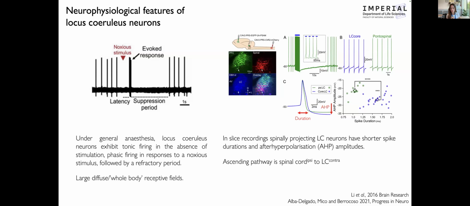And Esther Baracosa and colleagues recently showed that in conditions of neuropathic pain, for example, you see these irregular firing patterns for spontaneous activity in both the ipsilateral and the contralateral locus coeruleus, and the authors postulated that this effect reflects enhanced activity in ascending pain pathways.